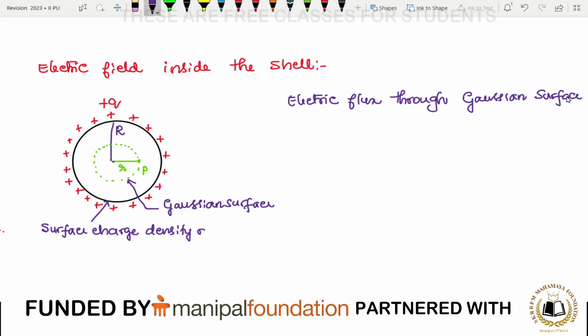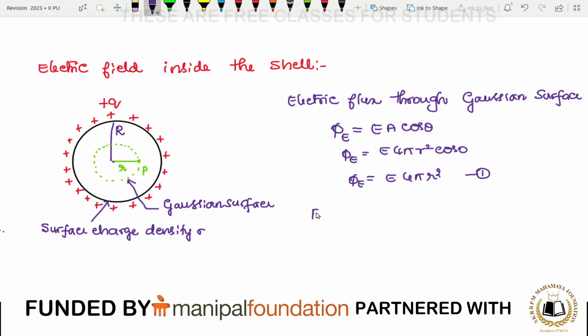The formula is the same as the earlier one: phi E equals E A cos theta. Theta is 0 here, so phi E equals E as it is. Area is how much? 4 pi r square. So phi E equals E into 4 pi r square. Equation 1.